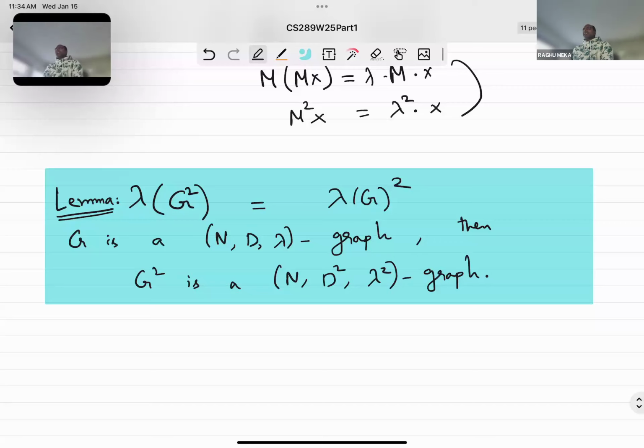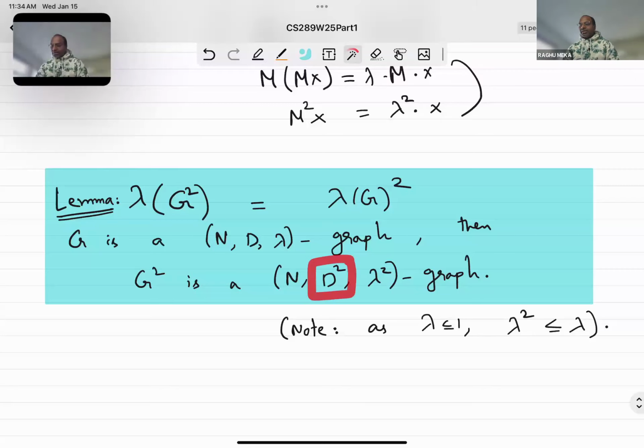So we hurt ourselves in the degree, but the second largest eigenvalue improved. It went from lambda to lambda squared. Now note, as lambda is less than or equal to 1, lambda squared is less. All right. So this is some operation which improves the second largest eigenvalue, but it hurt the degree. So we paid something in the degree.